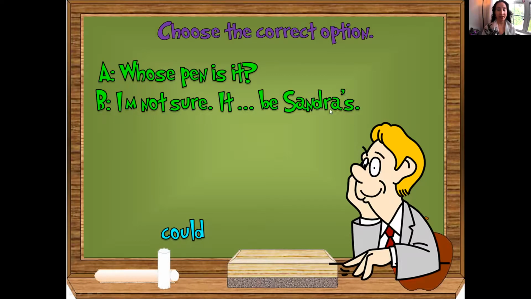So this is possessive because this could be Sandra's pen. So that's possessive. The contraction means there's two words, I am. So it's missing the apostrophe. The apostrophe should be after the I, in between the I and the M. Did you catch it? I'm happy that you're paying attention. All right, let's move on.